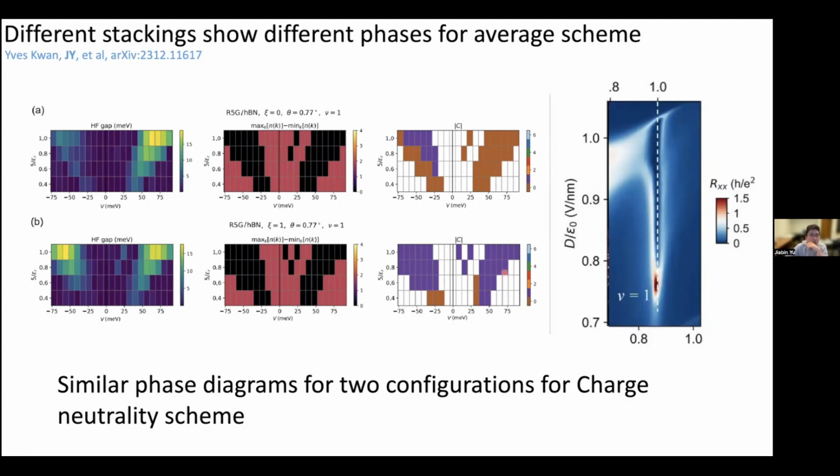But this will not happen for the charge neutrality scheme. So if experimentally people can really identify the stacking configuration, it is possible to distinguish these two interaction schemes.